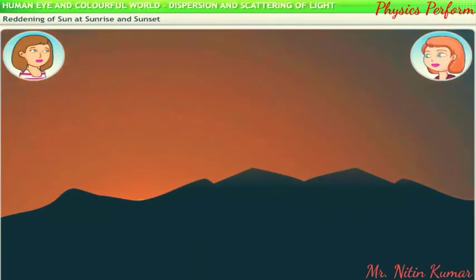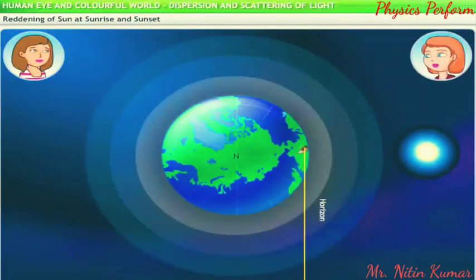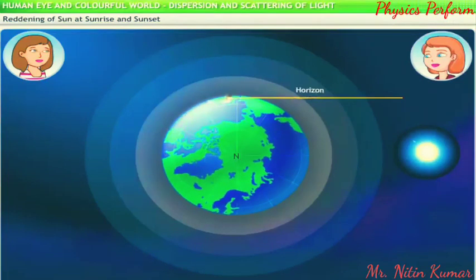You said that the red color of the sun at sunrise and sunset can also be explained through the scattering of light. Yes. Let me explain. As the sun begins to set, light must travel farther through the atmosphere before it gets to you.